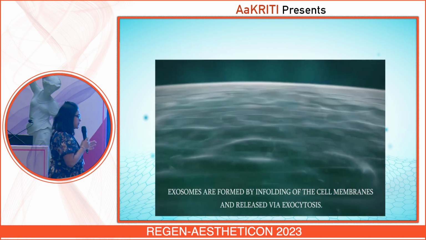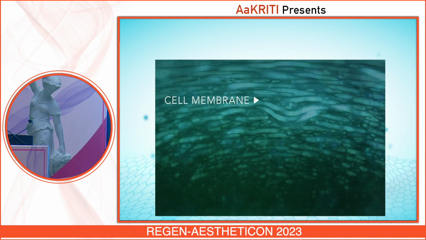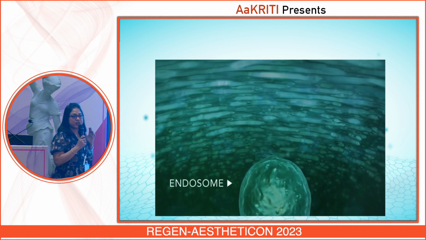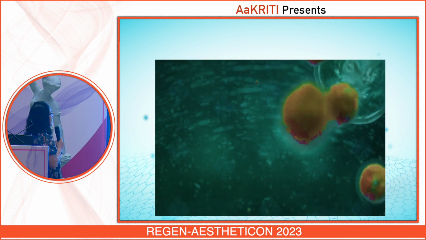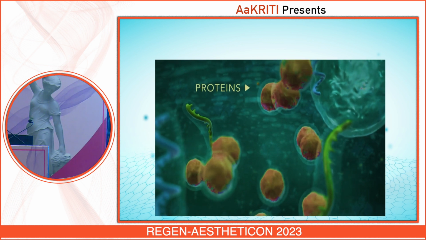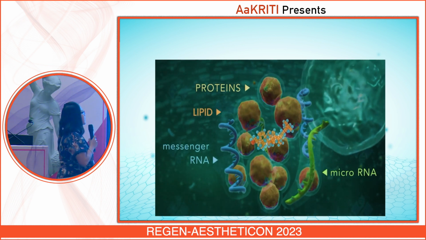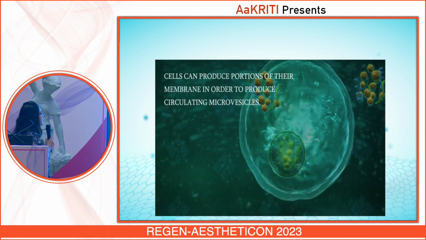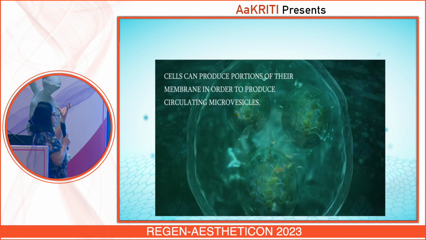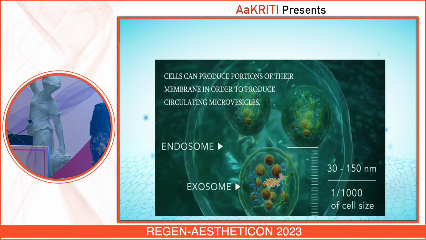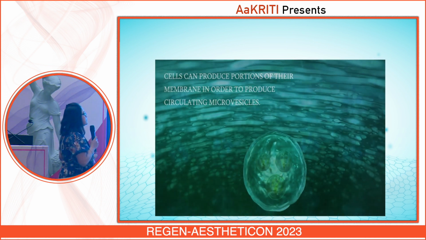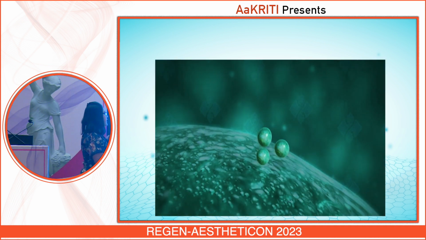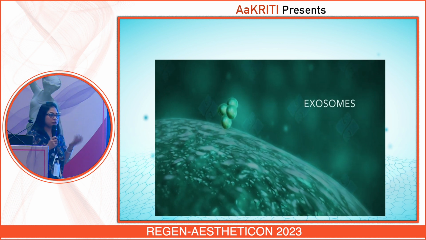It contains proteins, lipids, messenger RNA, and microRNA. It's very important for cell-to-cell communication. And the particular size of 30 to 150 nanometers, it's basically a nanomolecule coming out from the cell membrane and going to the recipient cell where it has to communicate and give the signal what to do next.